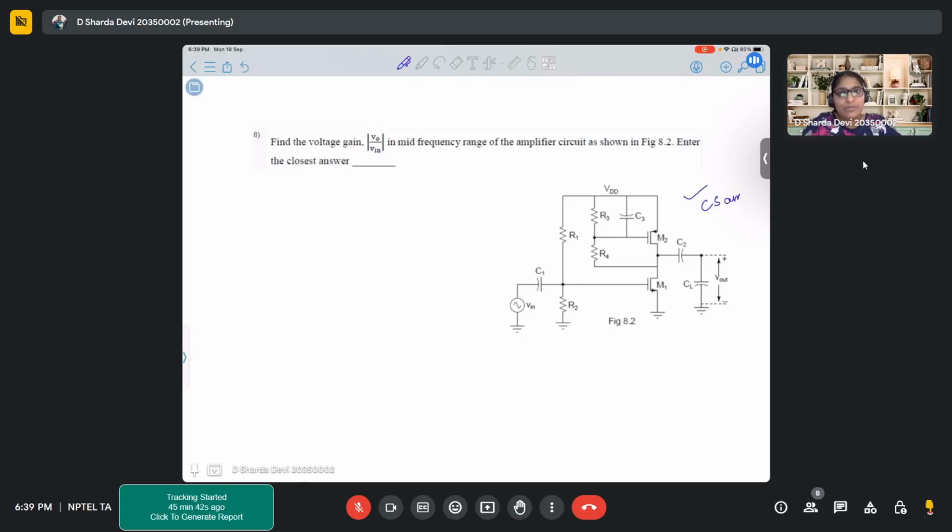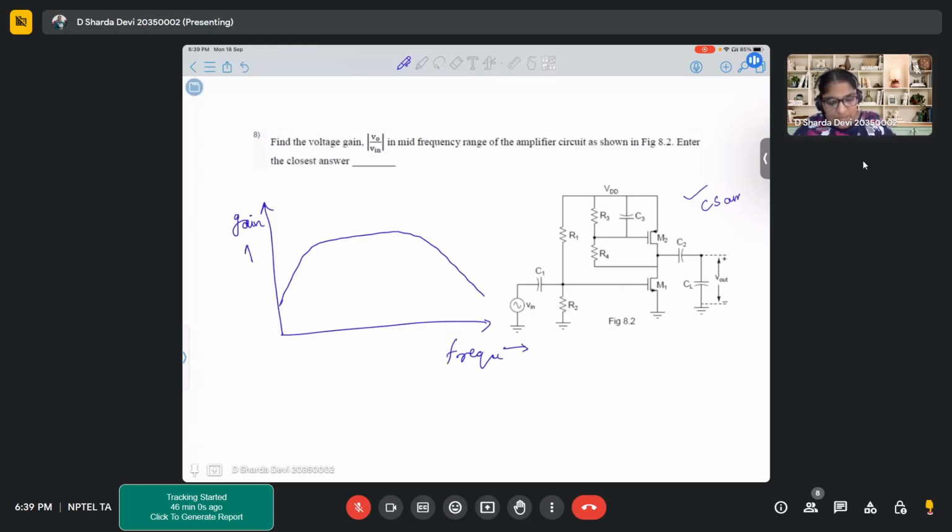This is clear to everyone, right? Ideally, due to the presence of these capacitors, you get somewhat this type of curve for your gain versus frequency plot, due to intrinsic capacitors or load capacitors that you use.